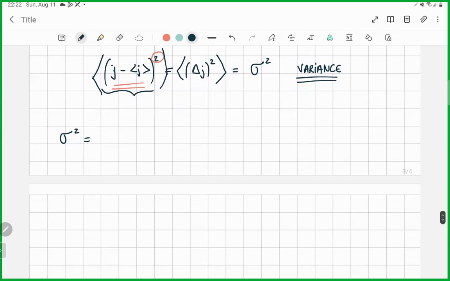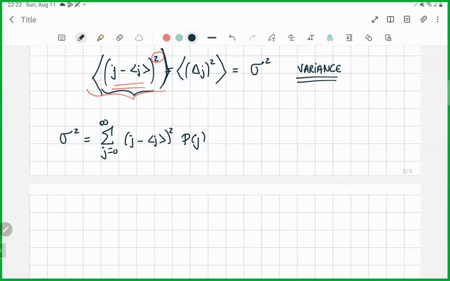So we said that the variance is this expression here, the expectation value of that square. I put this in the sum, j minus the average squared, times the function pj.